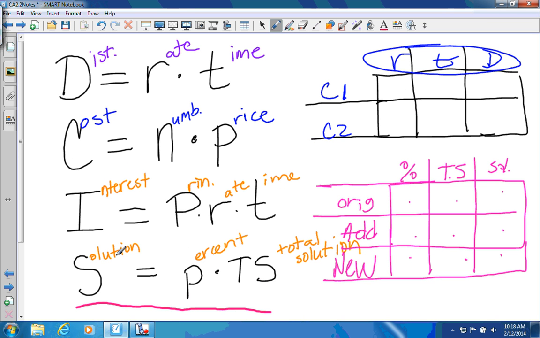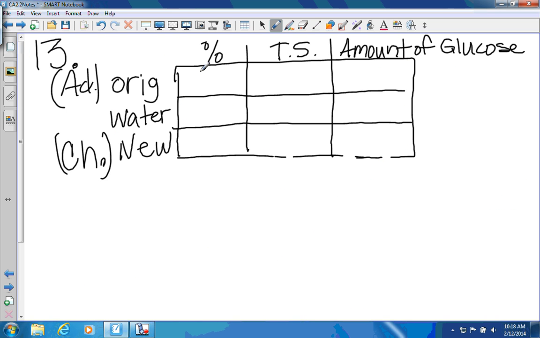The solution equals the percent times total solution. So the thing we have is the percent times the total solution equals the amount of glucose, because that's what it's dealing with. It's a glucose solution, so it's always whatever is in that thing. The new solution, it says at the end, has to be 7 ounces of a 20% solution. So our percent here is 0.2, and there's 7 ounces of it total. And so then how much glucose is in there?